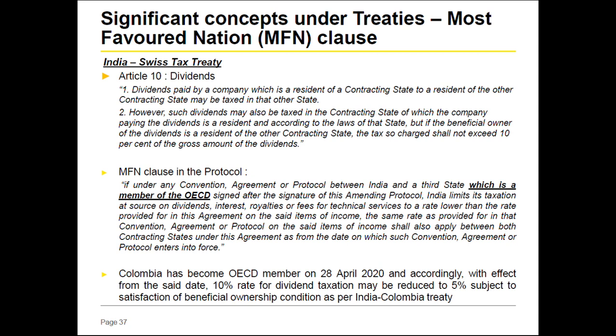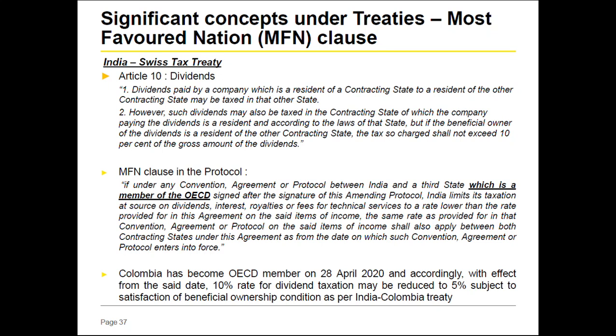A significant concept under treaties is the most favored nation clause. There will be a tax treaty in general with respect to one rate. If both countries have entered into an agreement, they can charge a rate which is lesser than that rate.